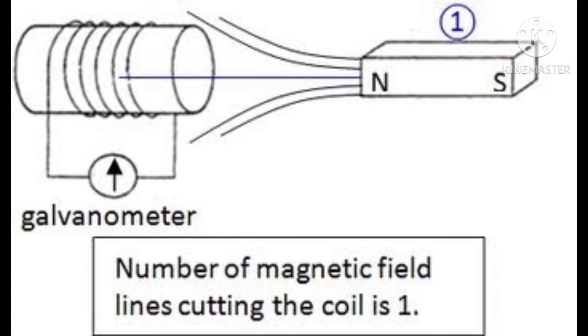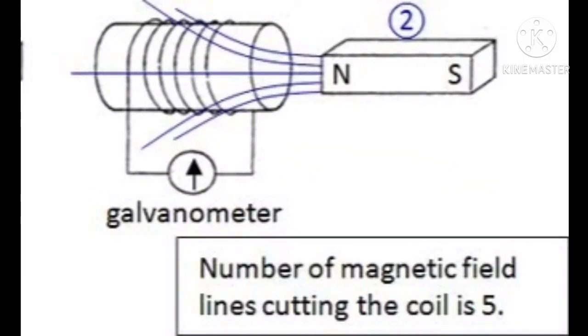Now in this case there are more magnetic field lines, about 5 lines, entering the coil. Since there is a change in the number of lines entering the coil, the induced current is generated.